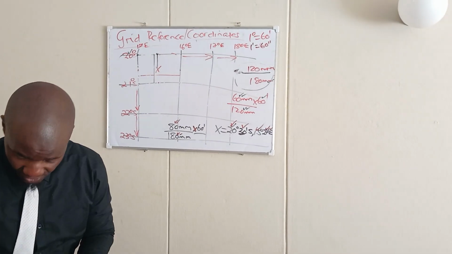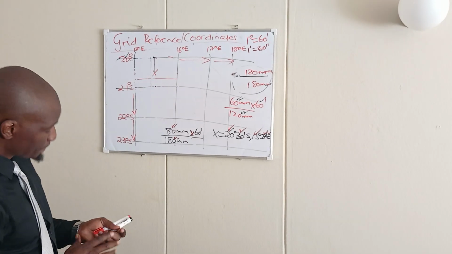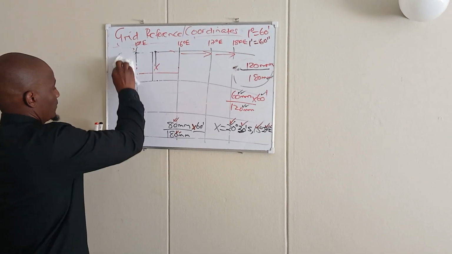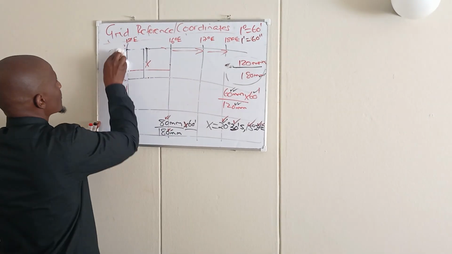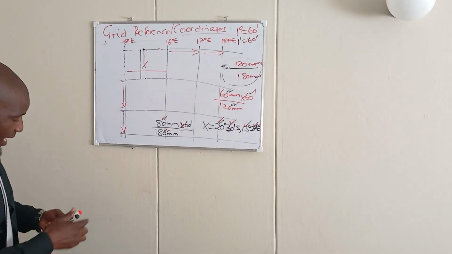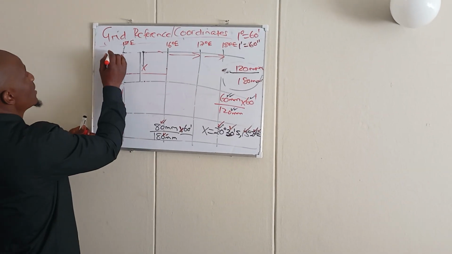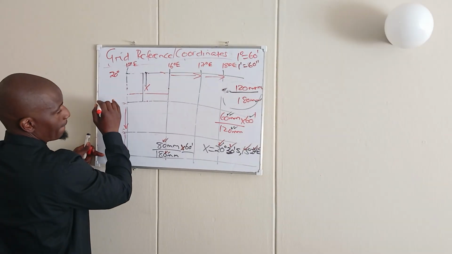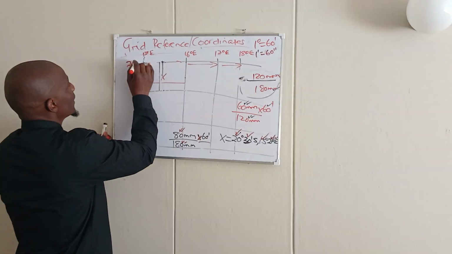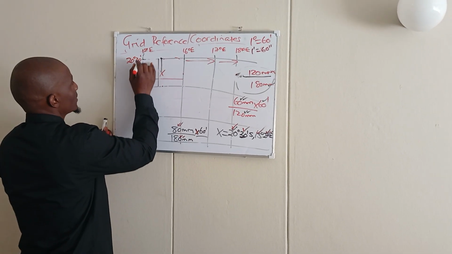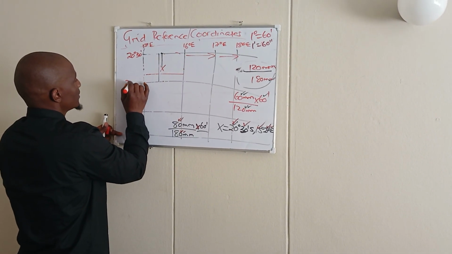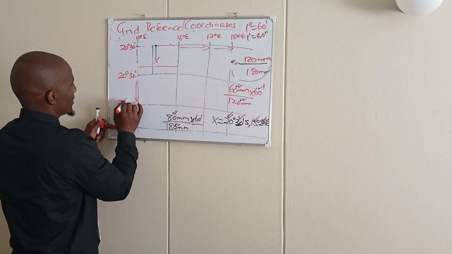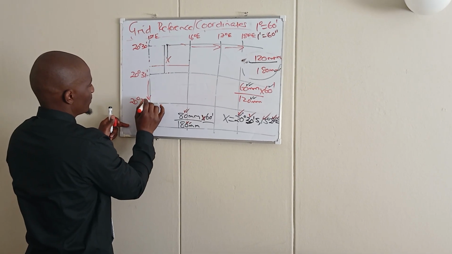So the first thing that I'm going to do is change this. I'm going to write this, that's what you normally find in your map. That is 20 degrees, 30 minutes. That is south. 20 degrees, 31 minutes. Then 20 degrees, 32 minutes.